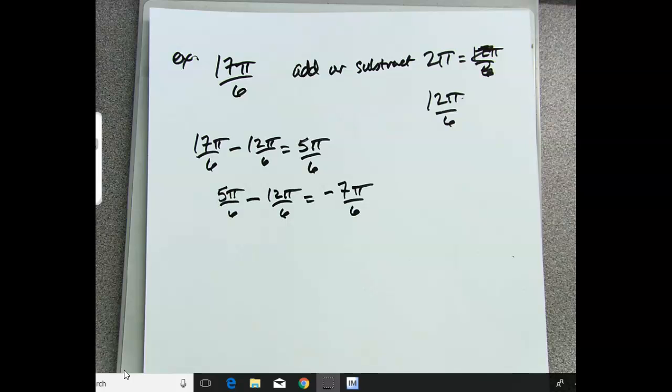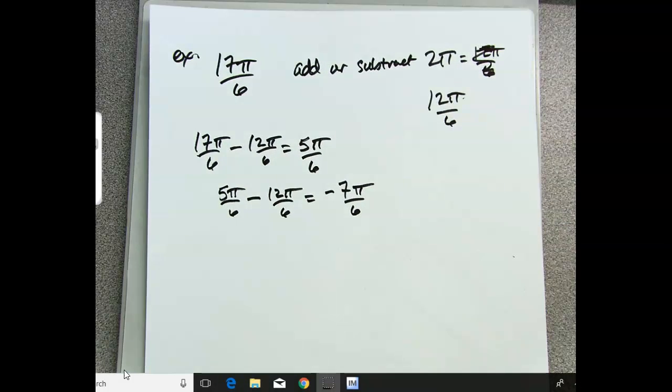So a positive and a negative angle that are coterminal with 17 pi over 6 are 5 pi over 6 on the positive side and negative 7 pi over 6 on the negative side. The 29 pi over 6 that you mentioned is coterminal as well. But oftentimes you may be asked to find a positive coterminal angle between 0 and 2 pi. So in this case, we would have to subtract, and I notice that 17 over 6 is greater than 12 over 6, so I already know that this is more than 360 degrees.